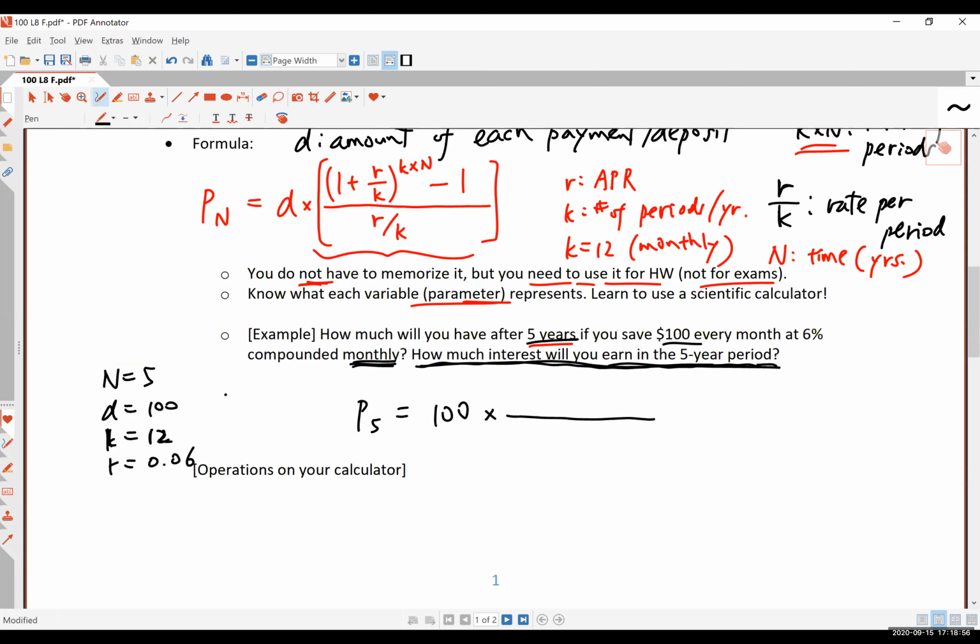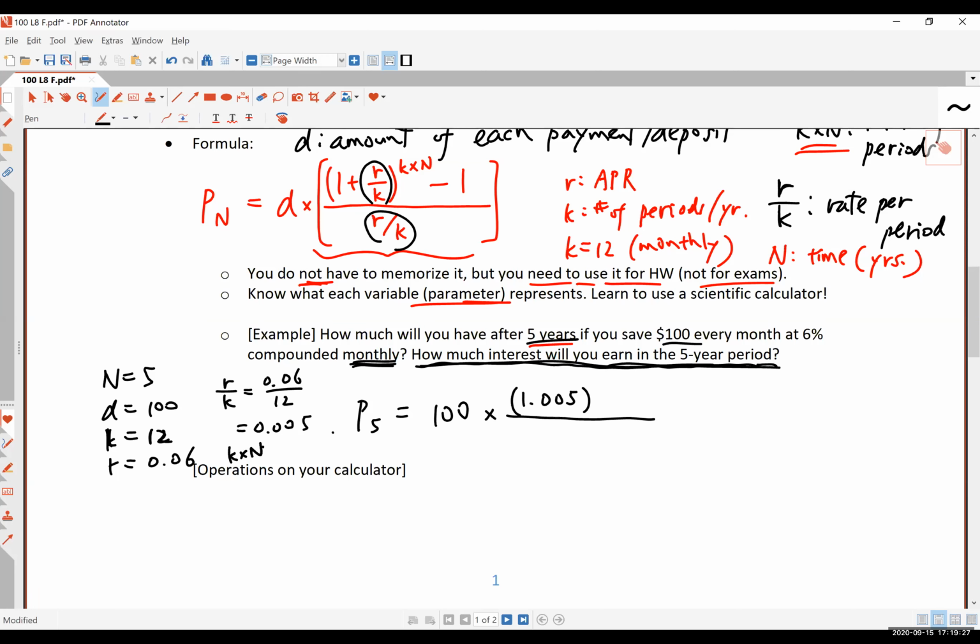All right, I need to have R divided by K. You see that? This happens twice in this calculation. So let's find R over K. That's 0.06 divided by 12, and that's 0.005, or half of a percentage point. So what is that? Well, that just means that every month they're going to give you half of a percentage point as your interest. 1.005 is the key quantity here, and you raise it to what power?